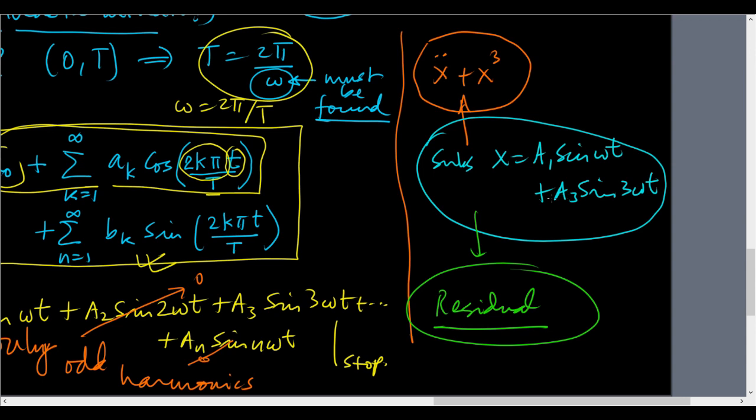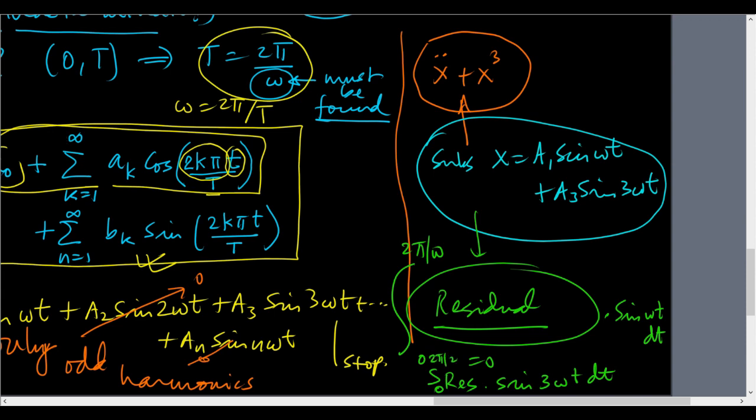Then I will multiply the residual by sine omega t dt from 0 to 2 pi over omega, and I'll set it equal to 0. Similarly, I will do residual times sine 3 omega t dt, same period, 0 to 2 pi over omega.